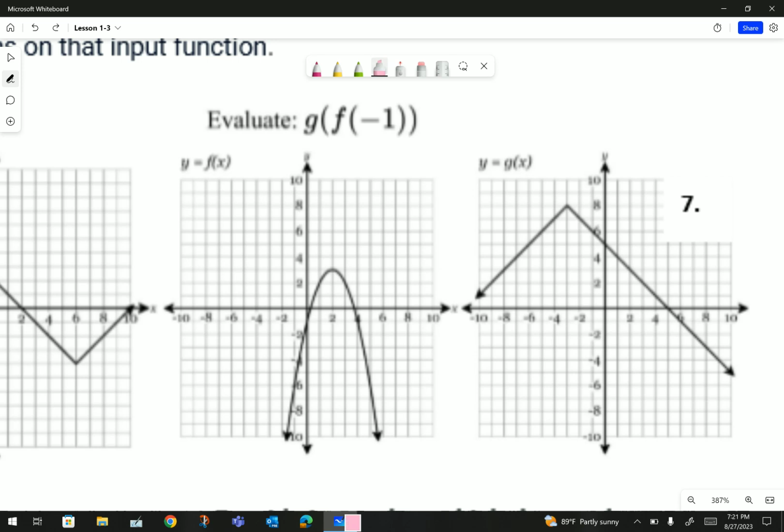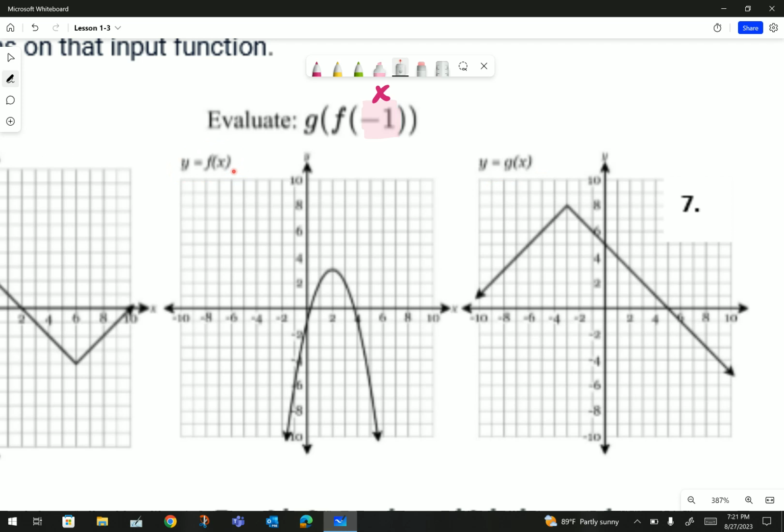Okay, welcome back. So let's check your work. -1 is your x value, right? So let's go to -1, but where? I'm going to look to the left and I say, oh yeah, I have to go to the f function. So which one of these is my f function? Well, it's this one on the left.